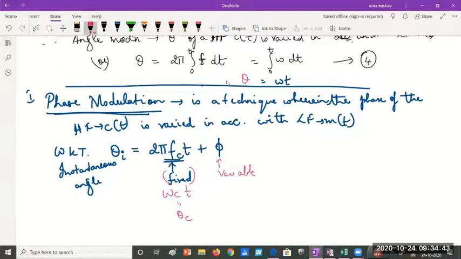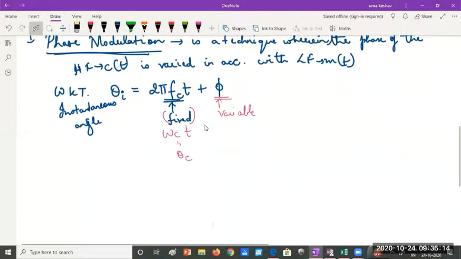We got it from the previous relationship which we defined. So the instantaneous angle theta I is a sum of the fixed angle theta c and a variable angle phi. It's a sum of two angles. This first part will be kept fixed by keeping a fixed frequency fc, whereas this second part we are going to vary. We have the option to vary this second part. So you can consider, therefore, what?